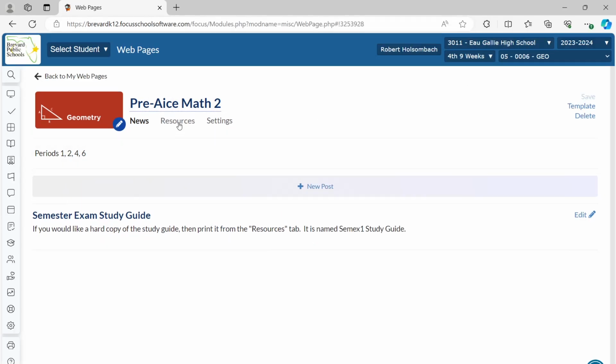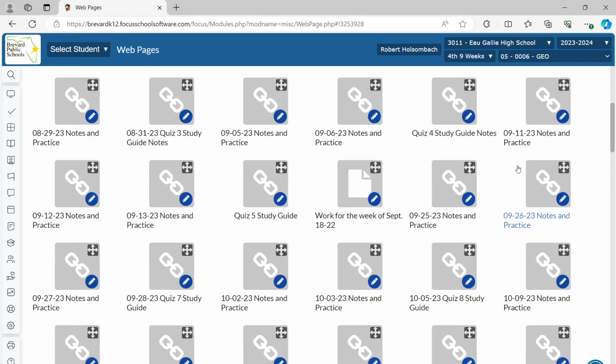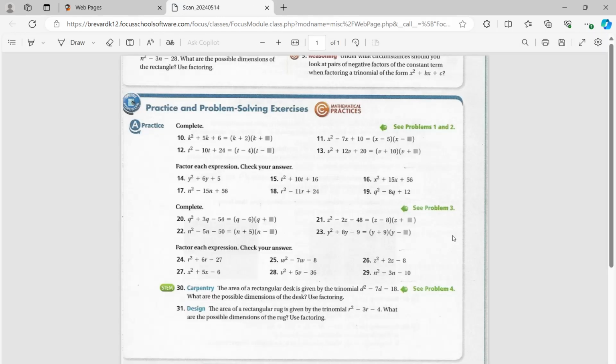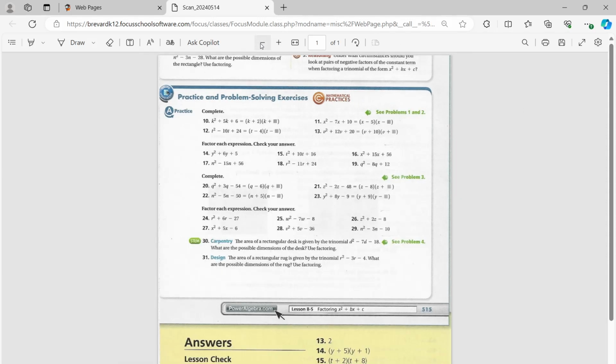So if we go to the Resources tab in Focus, and you scroll down to the bottom, you've got today's practice problems and tomorrow's practice problems. When you open this, you've got a page of practice problems. And when you enlarge this or shrink it down, you should be able to see the whole page.